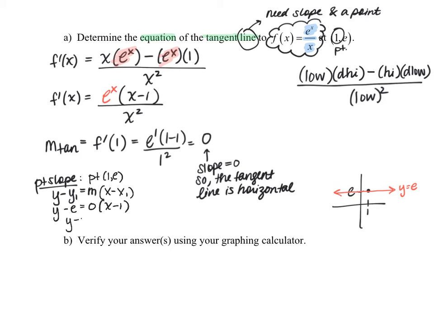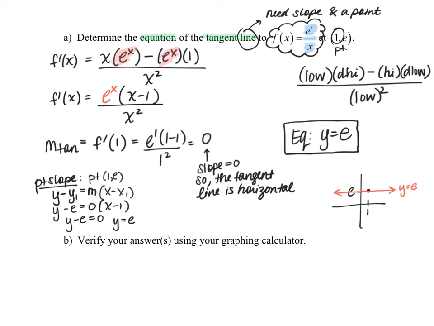But that's just going to give us y minus e equals 0, which does indeed give us y equals e. So if you did do the point slope form, you would still arrive at this answer, but it's kind of a waste of time if you can just realize that the slope is 0, so the tangent line is horizontal. It's a lot faster to just think of it graphically. So my answer here, the equation for that horizontal line, is the line y equals e.